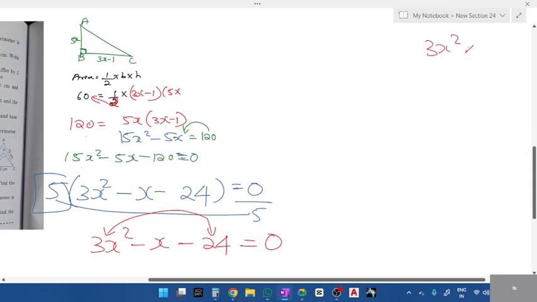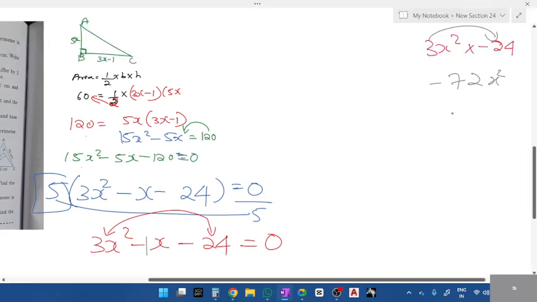What is 3x square into minus 24? What is 3 into 24? 72. Yes, minus 72 x square. Others, do you all remember this? We need minus 1, right?